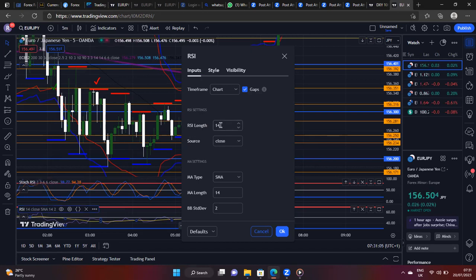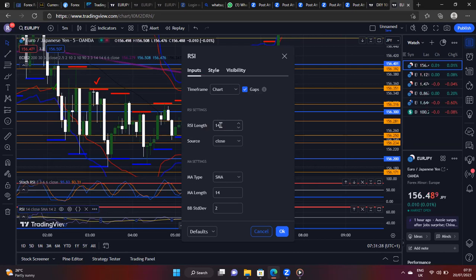The reason is because we want to make RSI a bit slower than the stochastic RSI. Remember that while configuring your stochastic RSI, your length was set to 6. But now RSI length for RSI alone is set to 14.